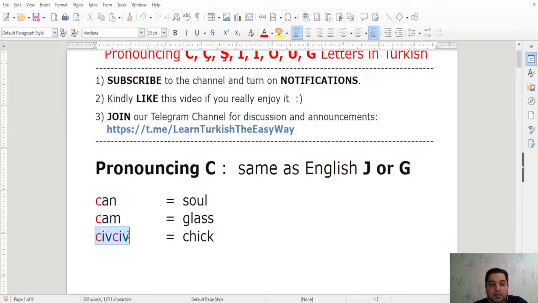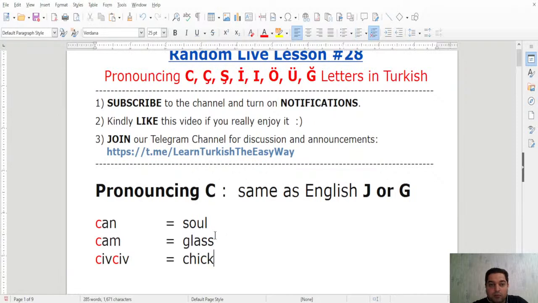Which is pronounced as jıvjıv. So this is the first letter, the C, right, that exists in English as a letter, but it's still different in Turkish in terms of pronunciation. I put it here because we have this in other examples, just to make clear how we pronounce it, especially for those who will be watching this video for the first time before even learning the alphabet of the Turkish language. Okay, so this is J.